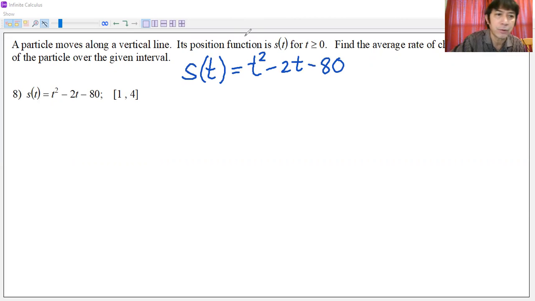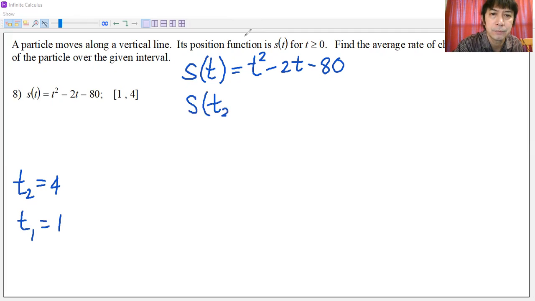So the higher value 4 will be our T2, and our lower value 1 is our T1. We shall start computing S of T2, which is equivalent to S of 4.